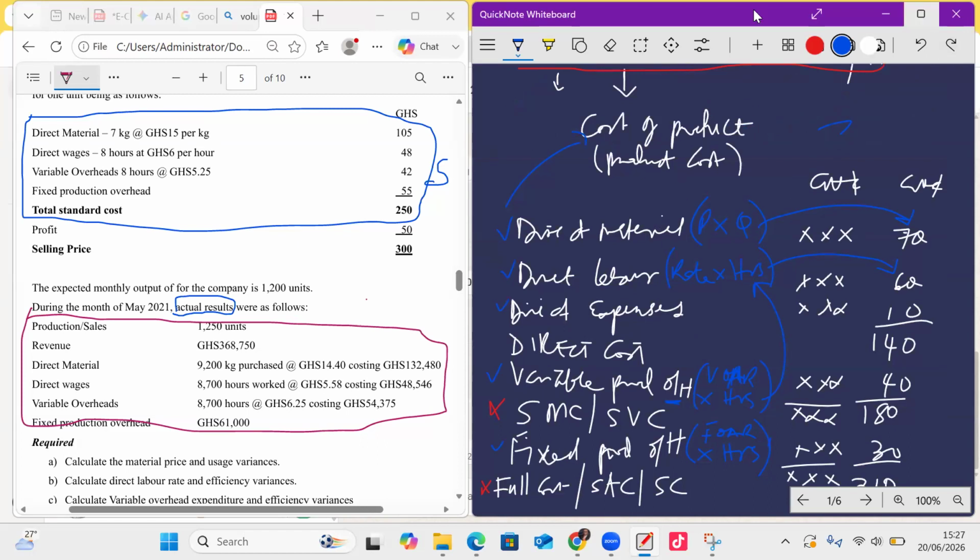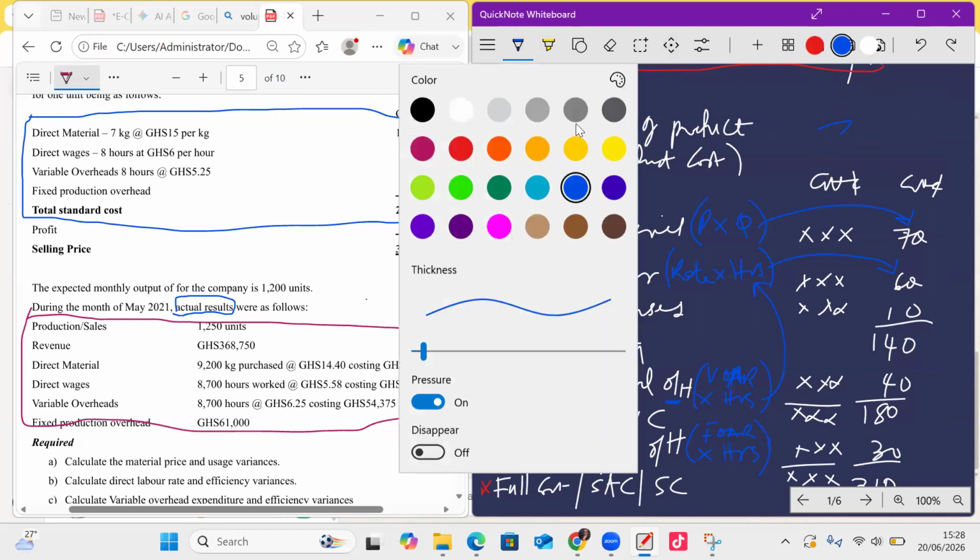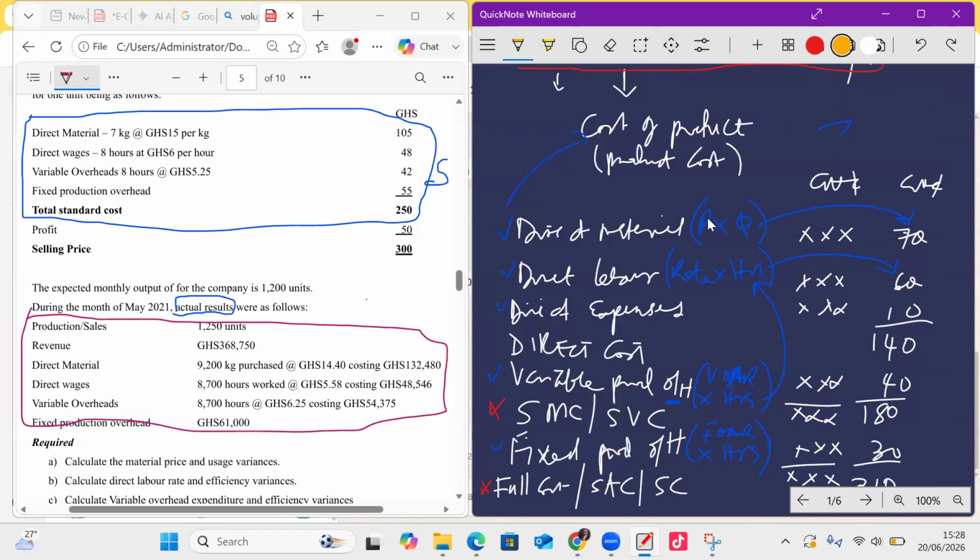So pay attention. When I pick a figure like the P, I'll find what the actual of the P is. Then I'll less what the standard is. When I pick the quantity, I'll find the actual against the standard. When I pick the rate, I'll pick the actual, I'll pick the standard.